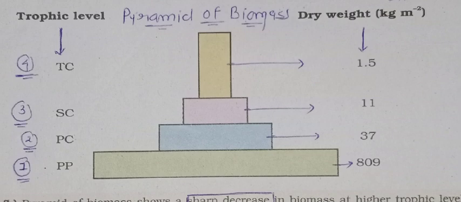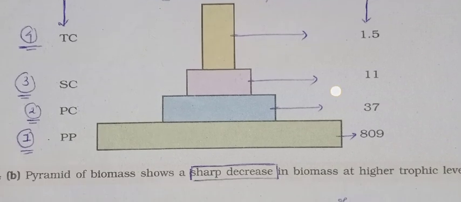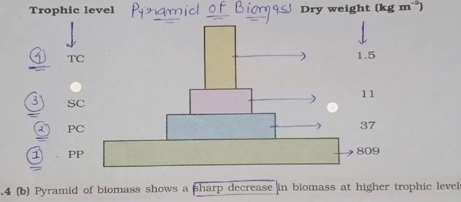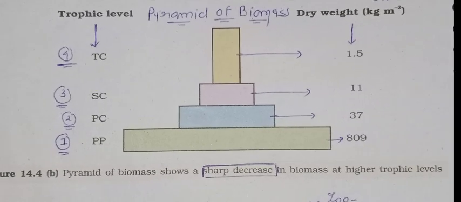The biomass of primary producers will be 809 kilogram per meter square, while the biomass of primary consumers will be only 37, the biomass of secondary consumers will be only 11, and the biomass of tertiary consumers will be 1.5. So you can say biomass is going to decrease as we go from the first level to the second, from the second to the third, and from the third to the fourth.